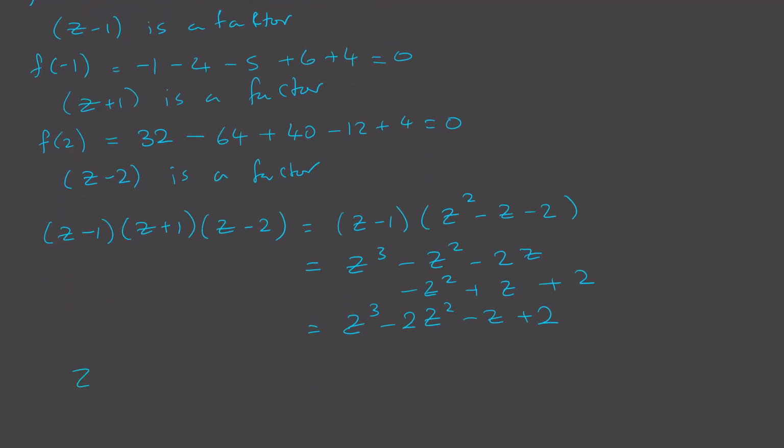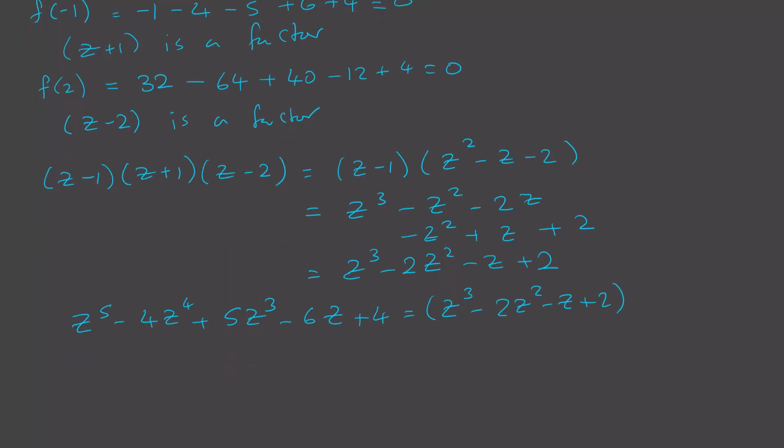So we can say that z to the 5 minus 4z to the 4 plus 5z cubed minus 6z plus 4 is equal to z cubed minus 2z squared, take away z plus 2, multiplied by a quadratic factor.